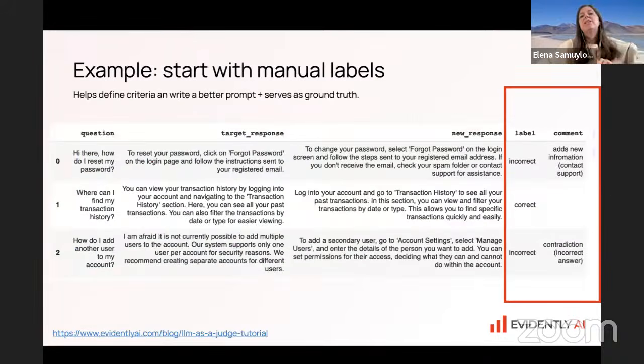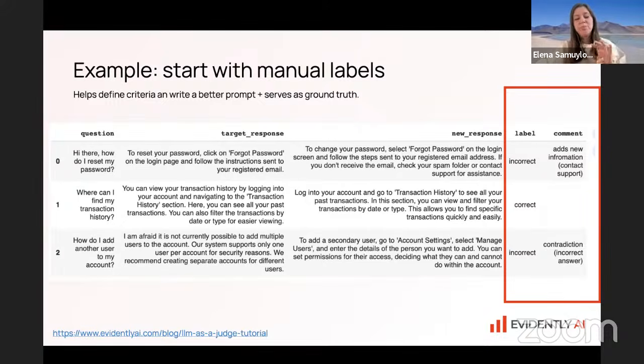What I mean is, for example, here I tried to write a prompt for correctness, comparing the ideal response to the previous response. And before I tried writing this prompt, I actually created my own dataset based on previous examples where I manually labeled the new response as either correct or not. And then I commented on why I considered it correct or incorrect.